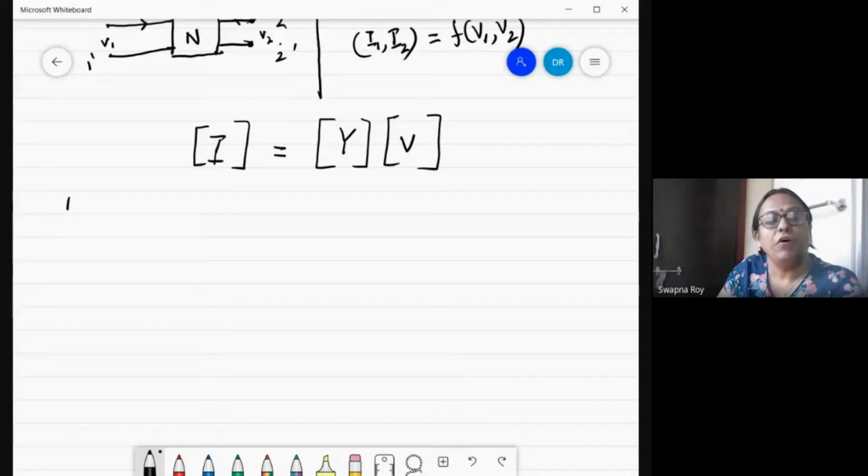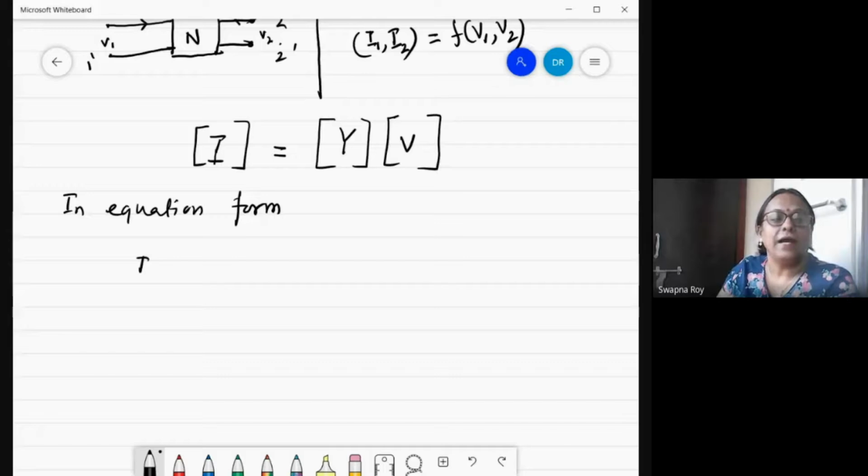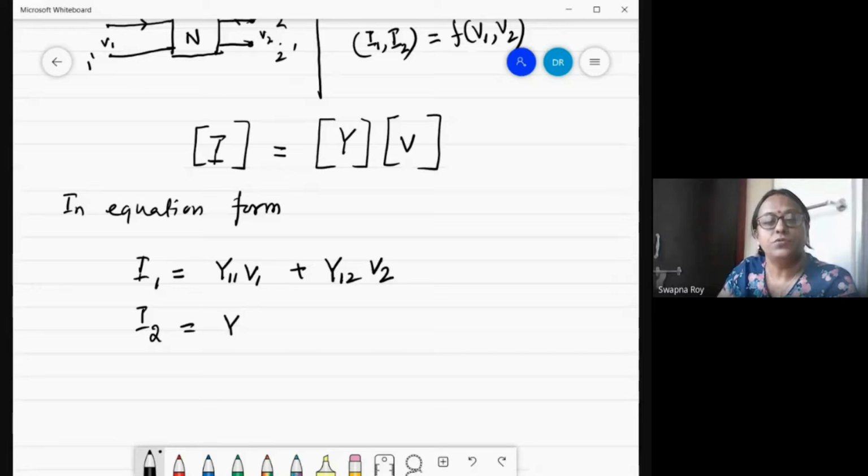In equation form, I can write I1 is equal to Y11 V1 plus Y12 V2, and I2 is equal to Y21 V1 plus Y22 V2.